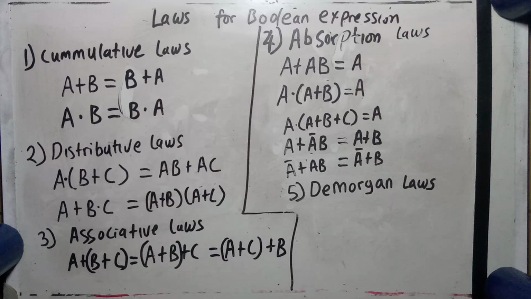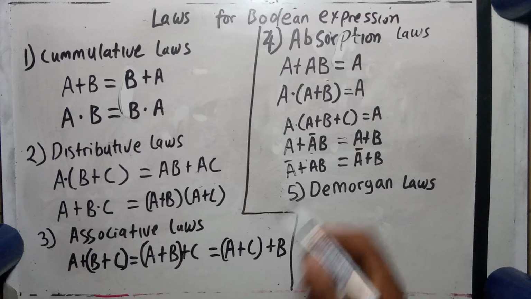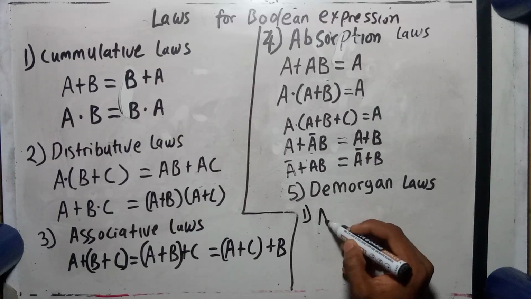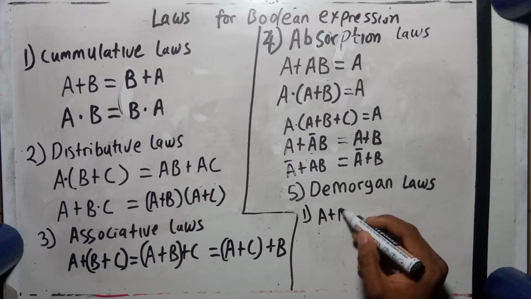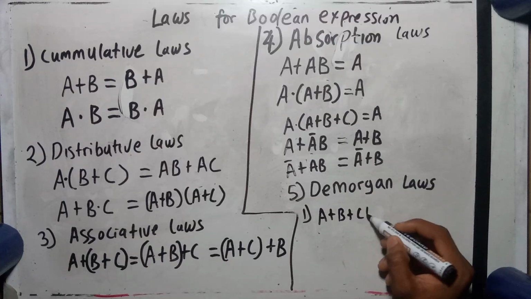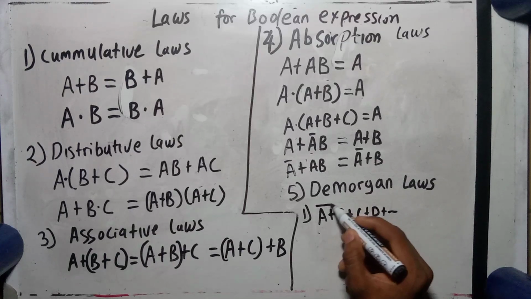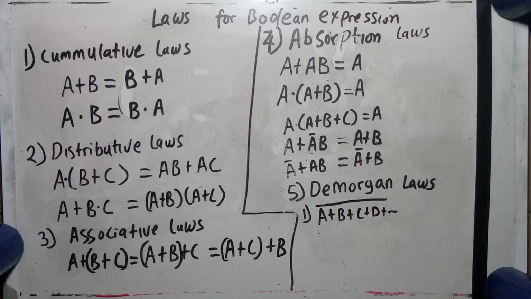Now the De Morgan rules are actually two. The first one says when you're having your A plus B plus C plus D, you see, you add all these things and they are all inverted, that is, we call this what?